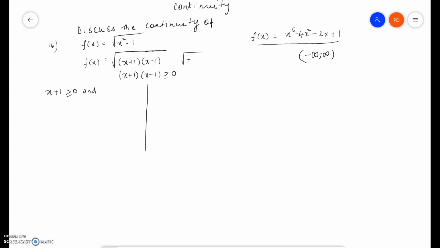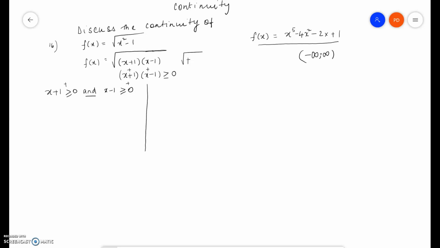And if this is positive, we need to make sure that the other factor is also positive, or of course equal to 0, so that way the product is greater than or equal to 0. So we have x minus 1 greater than or equal to 0. If both are positive or 0, then we can be sure that the product is positive or 0.